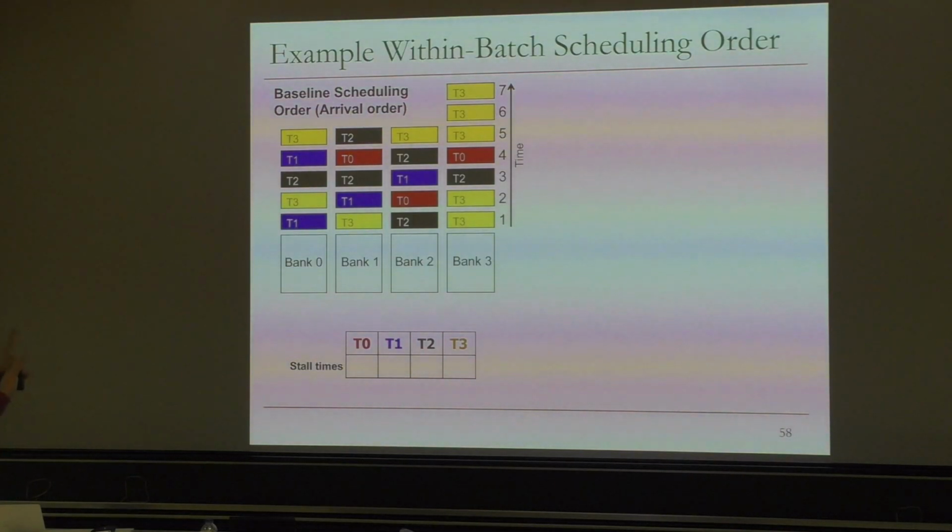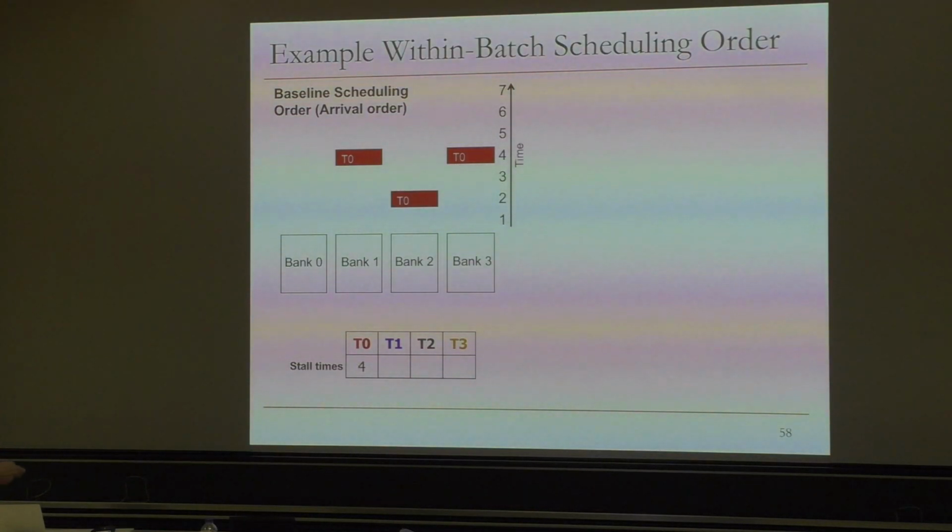If I give you this picture, and if I tell you that this is the baseline scheduling order, and banks operate in parallel, if you want to compute the stall time of thread 0, you just look at when is the last time thread 0's request is serviced. And you'll find out that it's 4, right? Basically, stall time of thread 0 within this batch is 4.